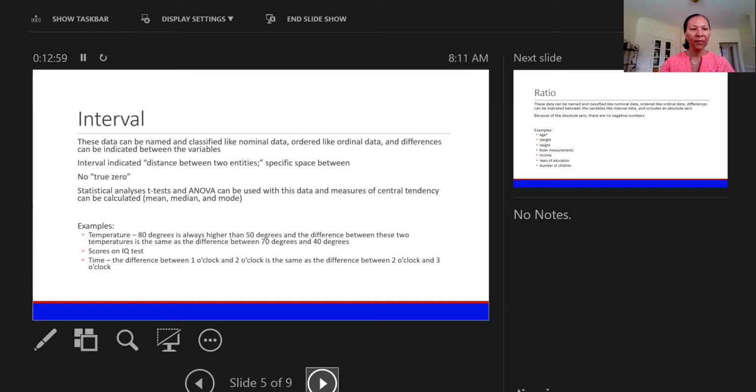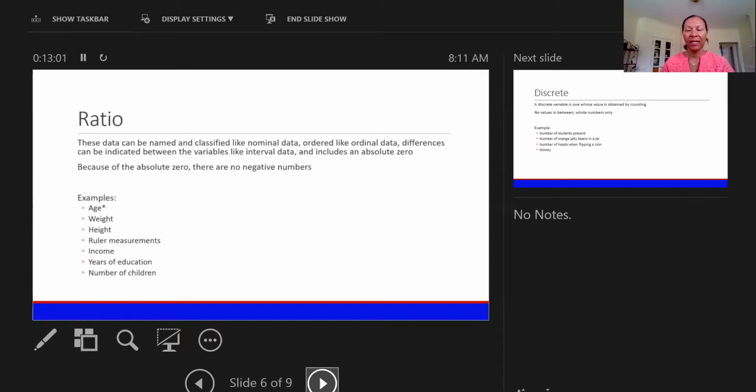Okay. So the next classification of data is ratio. So ratio includes all of the characteristics of the variables or levels of measurement before it. So it can be classified like nominal data. It can be placed in order like ordinal data.